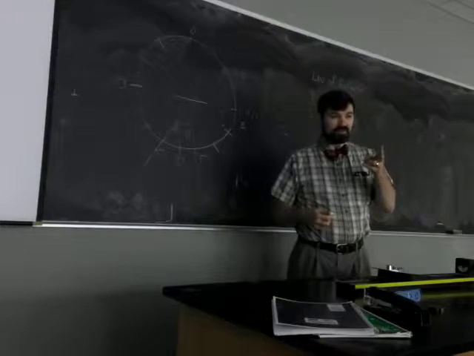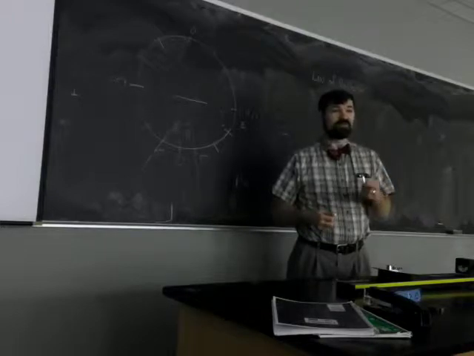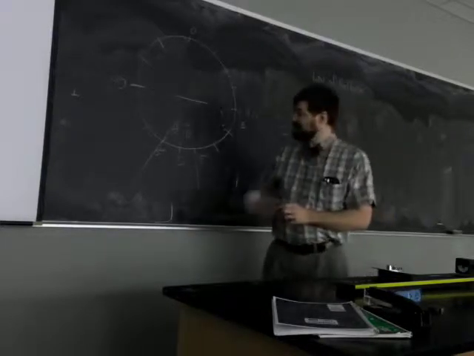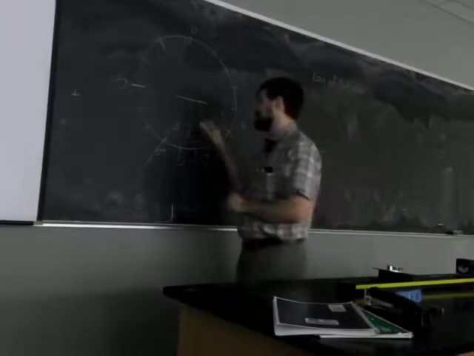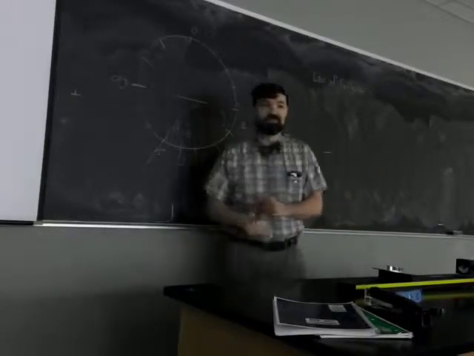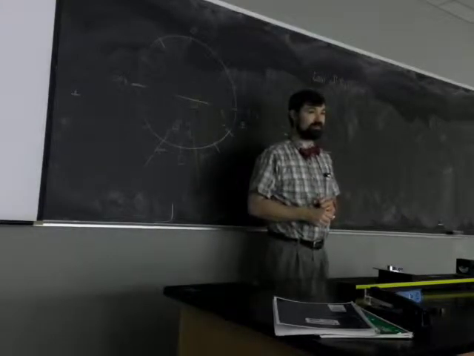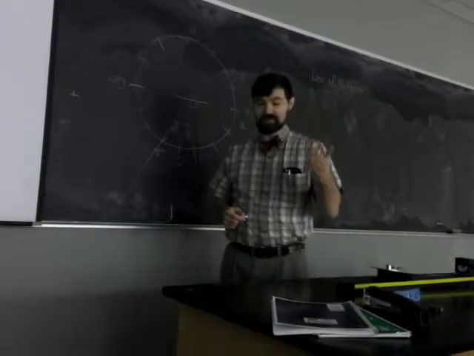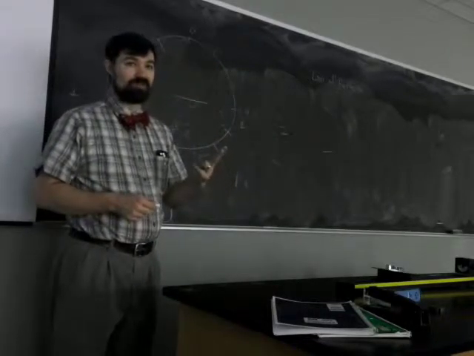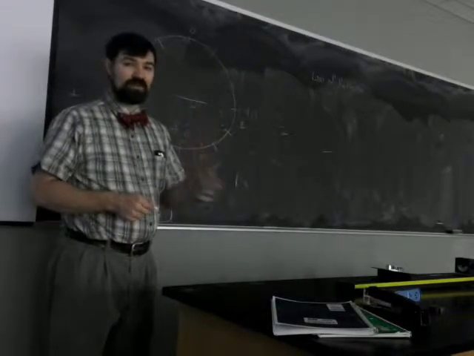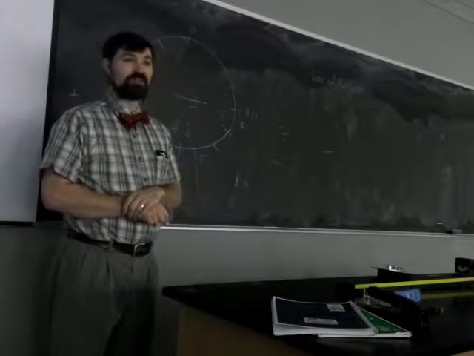I have a beam that's reflected from the mirror or the interface. And I have a third line which is called the normal line. That's what this dashed line represents. The dashed line is perpendicular to the mirror face. So we call this the incident ray, the reflected ray, and the normal line. Those 3 lines are all in the same plane.